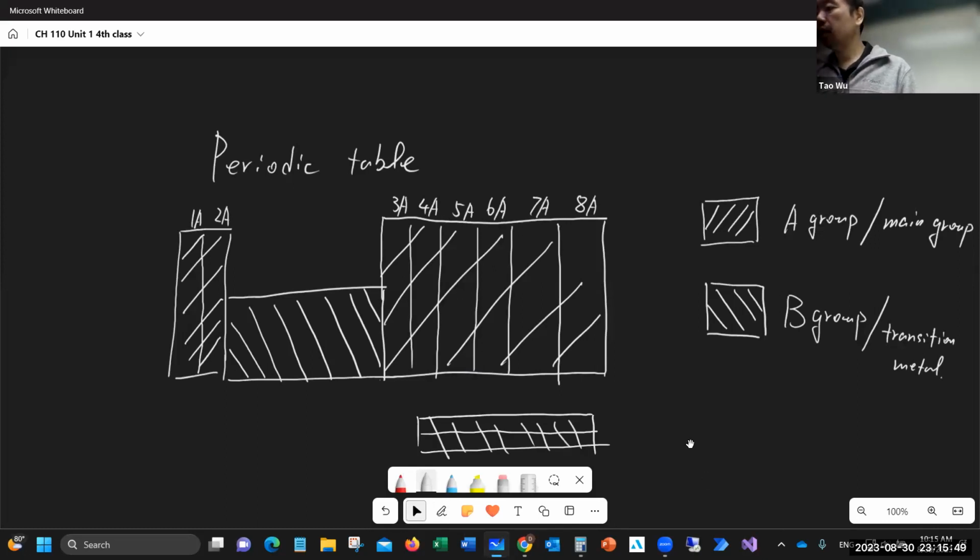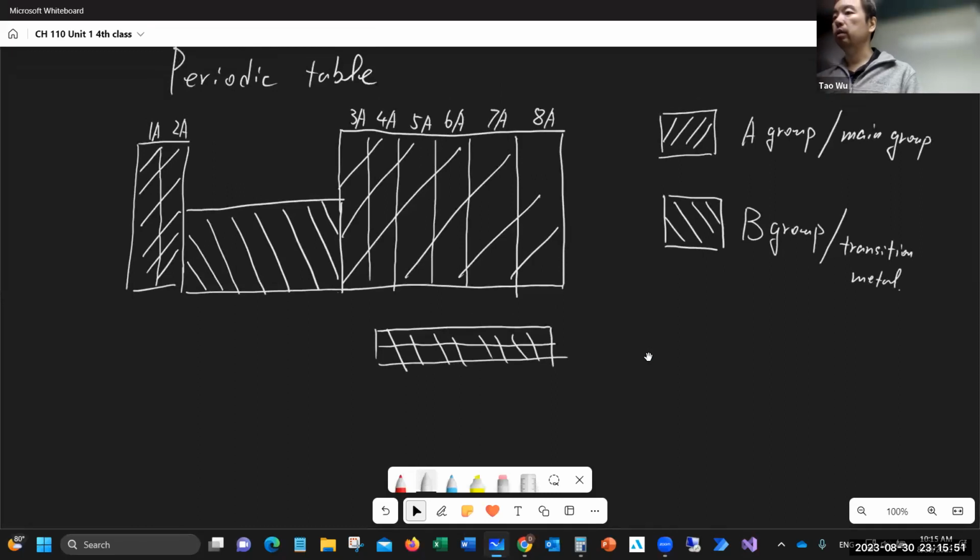And just to let you know why we have additional rows at the bottom: this part should actually be stuck over there. In other words, the shape of the periodic table shouldn't be like this.